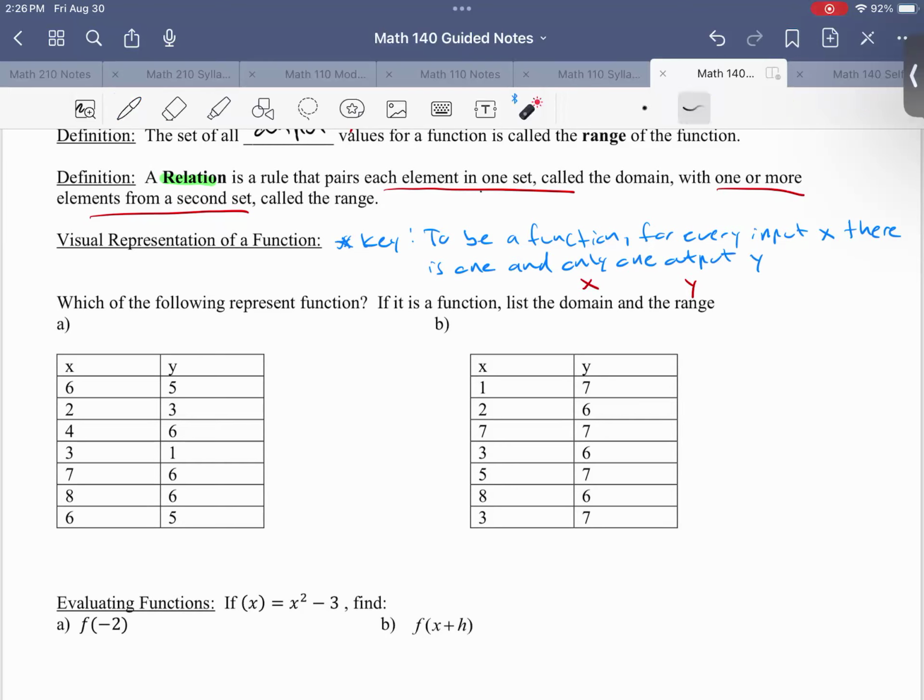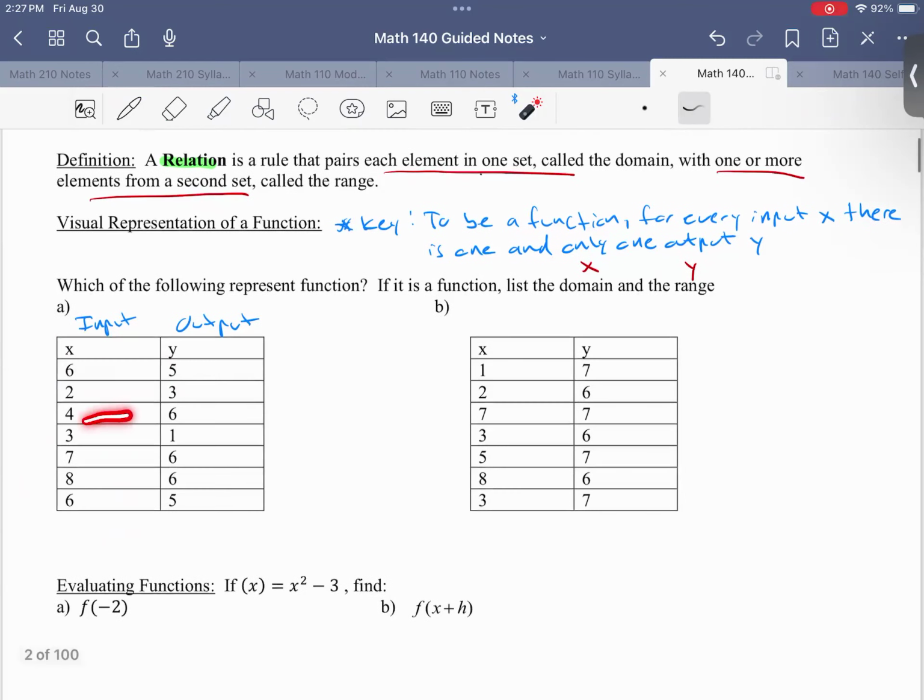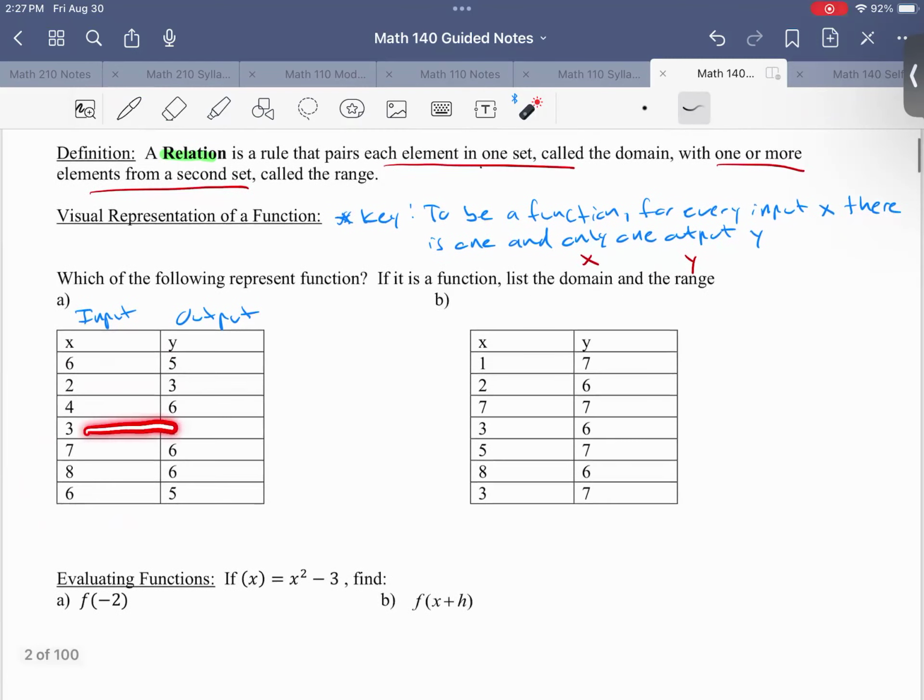If we look at this table, we have a bunch of X values, input, and Y values, output. We have six going to five, two going to three, four going to six, three going to one, seven going to six, eight going to six, and six going to five.